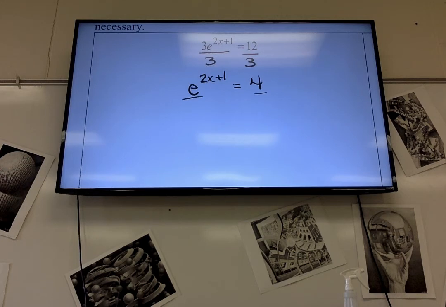Well, I can't break down 4 into e's. So what we do is we take the log of both sides. And since it's an e, I'm going to take the natural log of both sides. So I'm going to take natural log of e to the 2x plus 1 and the natural log of 4.